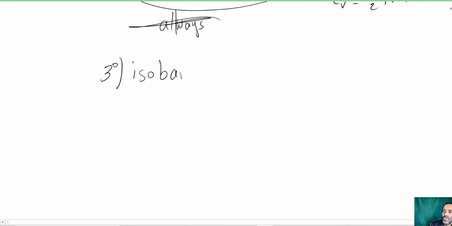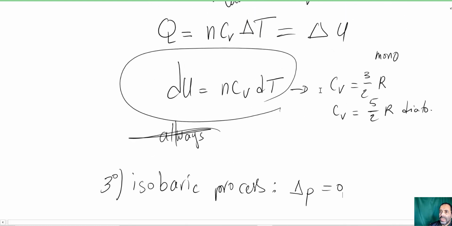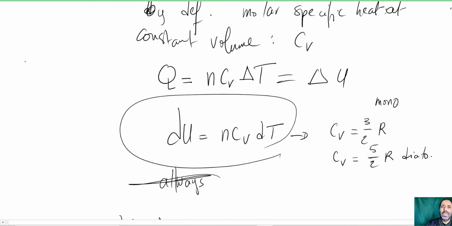Another process of interest, so there's a third process if you're keeping track of them. This process is the isobaric process. In an isobaric process, there is no change in pressure. So this is constant pressure. Let me draw something here so that you see what I mean by an isochoric process first. At a fixed volume, there is no change. So you could go from pressure P1, for example, to pressure P2, compressing the gas at constant volume, just like what we were doing earlier.